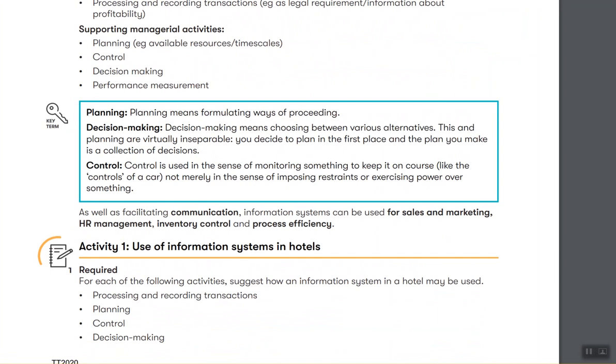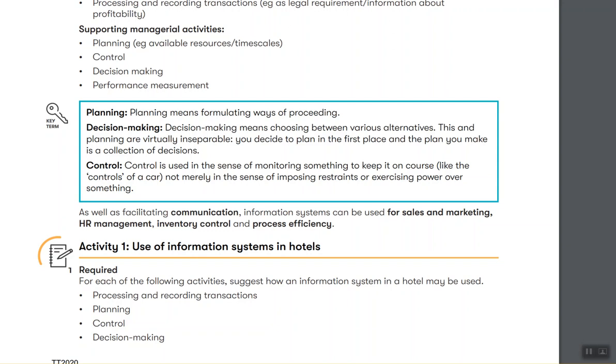Planning is looking forward, making way for the organization, setting directions of the organization. And control, remember, planning and control are used together. Control is correcting divergences from plan, and if anything goes against the plan, bringing it back to the plan is control. An example of planning would be budget, an example of control would be variance analysis, and then decision making is choosing between alternatives.